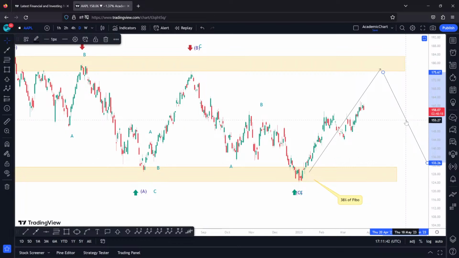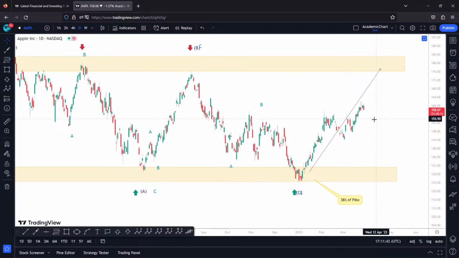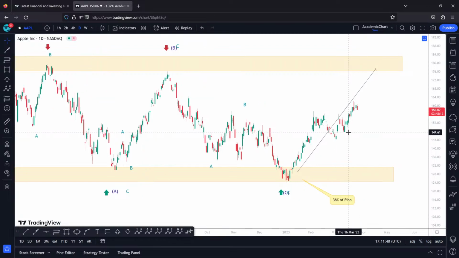But in either case, it doesn't matter which is going to be the future path of this stock, we're going to see the momentum to the top. That's what we were expecting as the long-term conclusion in the previous analysis.